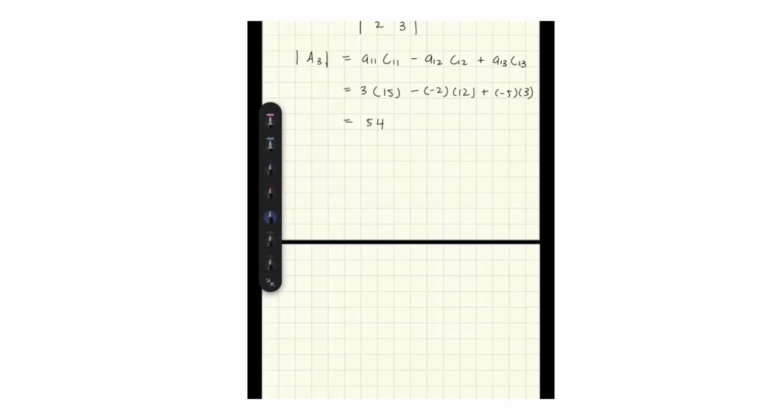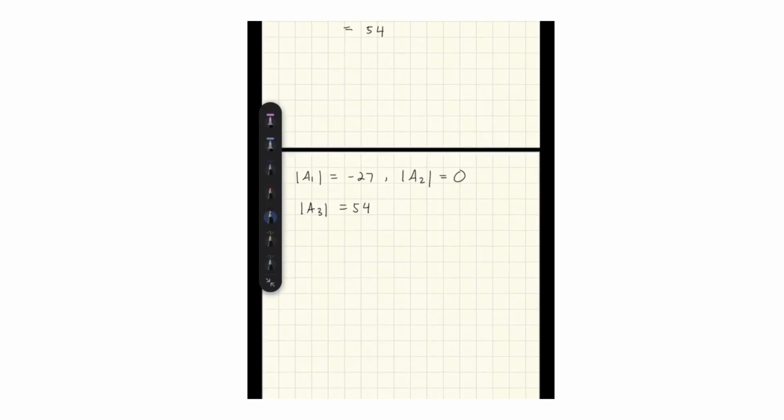So we repeat the calculation for A1 until A3, and we got determinant A1 is equal to -27, A2 is equal to 0, and A3 is equal to 54.